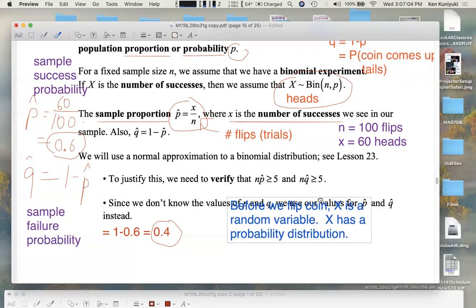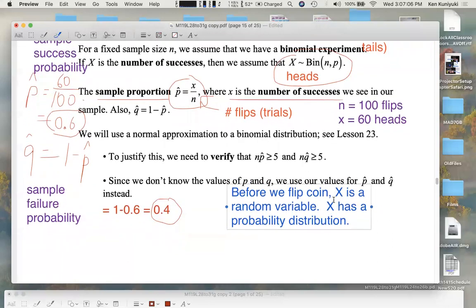And before, in lesson 23, we knew what that distribution was because we knew we had a binomial distribution. This is a binomial experiment when we're flipping coins and counting heads. We have a fixed number of trials, say 100 flips. And before, in lesson 23, we assumed that we knew that the coin was fair or that the probability of heads was, say, 0.6.